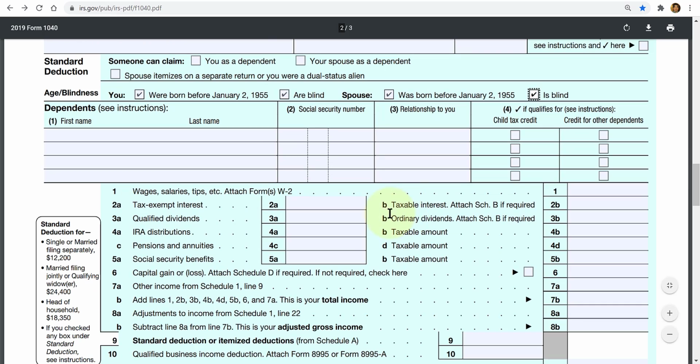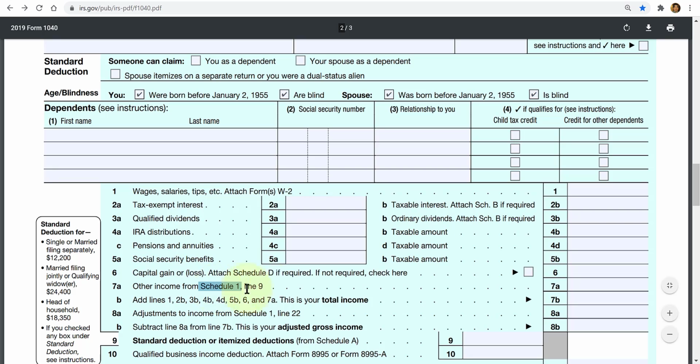The next sections, lines 1 through 7, list out the different types of revenue or income our taxpayer can earn. And this is not a 100% list of all the different ways of making money. In fact, if you don't see the way you make money here from lines 1 through 6, there's another form called a Schedule 1 that you would need to complete and list out those other ways of making money.